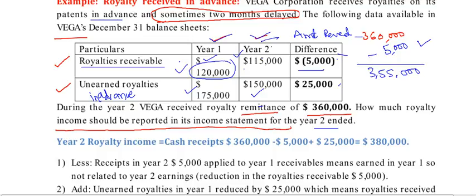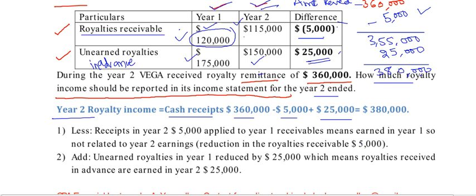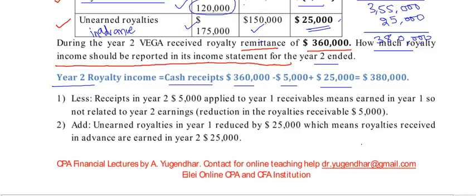Got it? This 25,000 earned this year, so we have to add it. 25,000 should be added. So total how much? 380. So year 2 royalty income: cash receipts 360,000 minus 5,000 plus 25,000 is 380,000, the royalties to be shown in the financial statements of Vega for year 2.